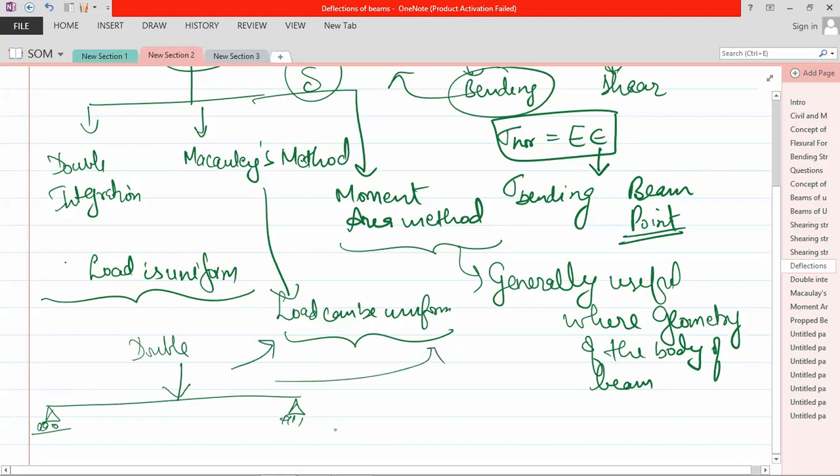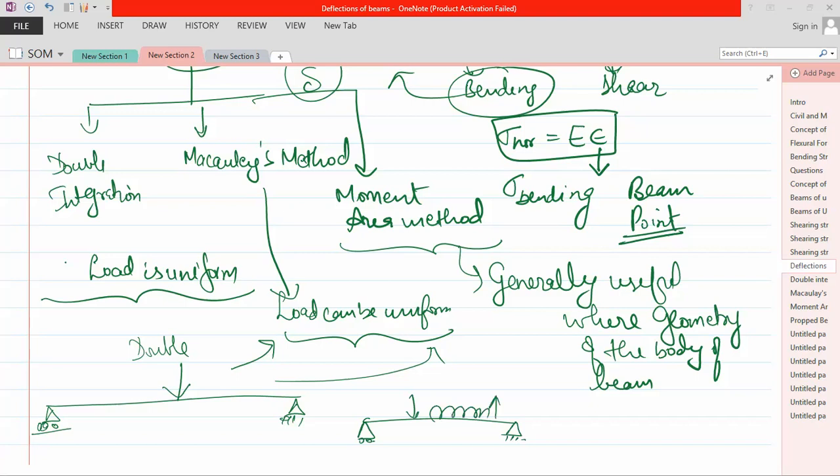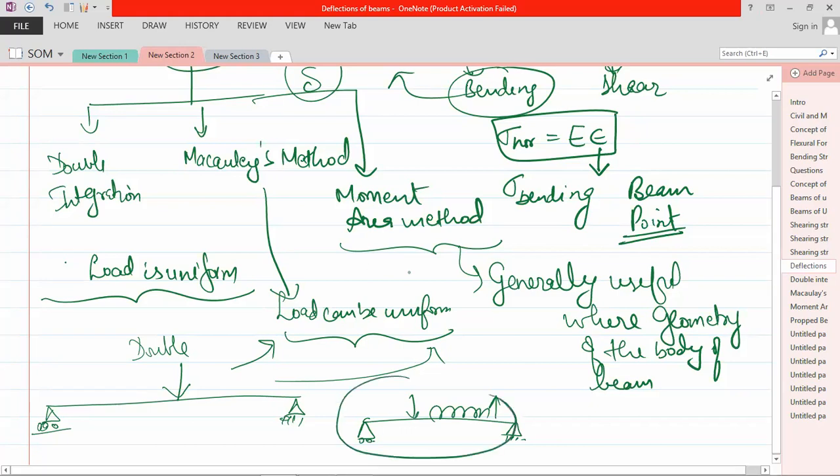Now, if we make it a little more complex, you have this support, you apply one uniformly distributed load, then another load. Then the useful method is Macaulay's method.